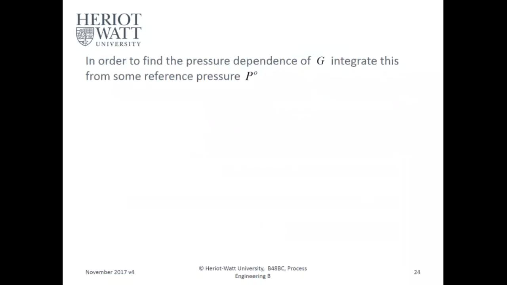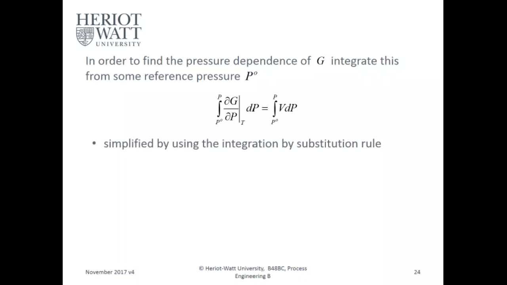In order to find the pressure dependence of G, integrate this from some reference pressure P0, so whatever your initial pressure is, to P. The change in G is the integral between those two pressures of VdP, because the partial derivative of G with respect to P equals volume in a closed system.